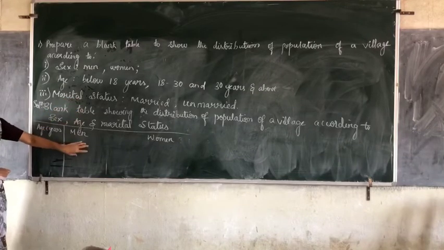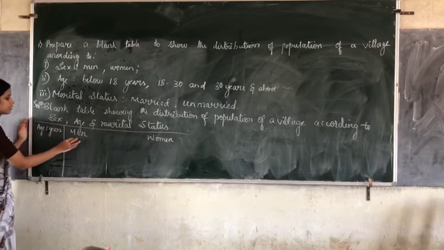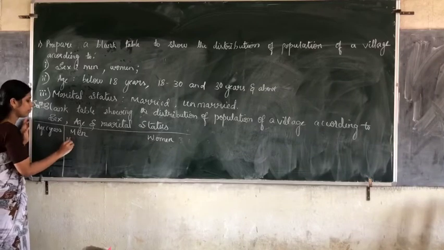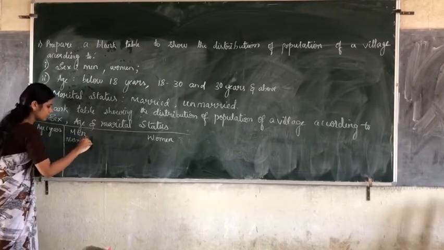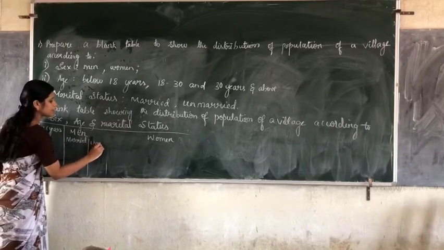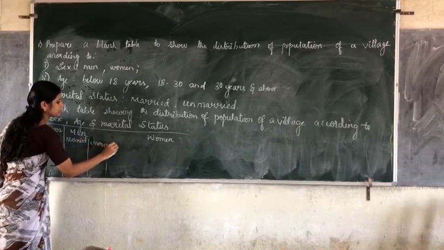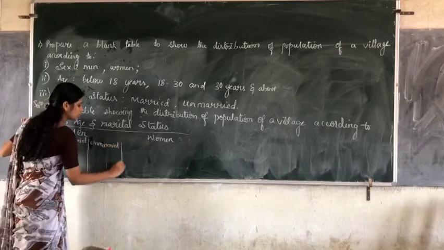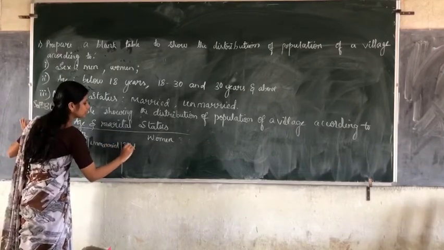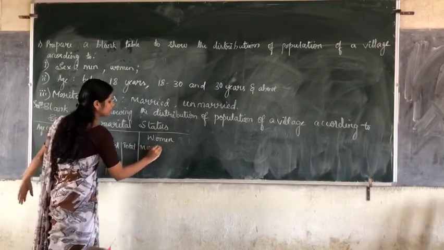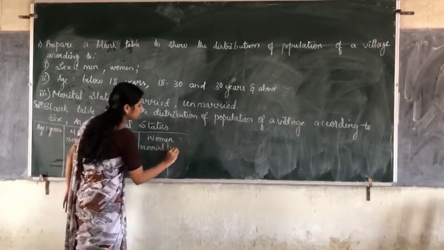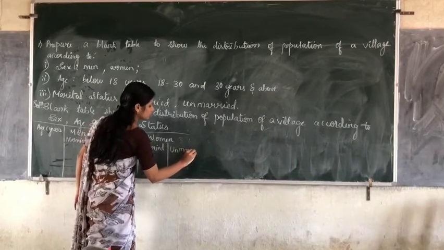That marital status also we will show in column, that is here in men, married, next unmarried, total, next again in women, married, unmarried and total.